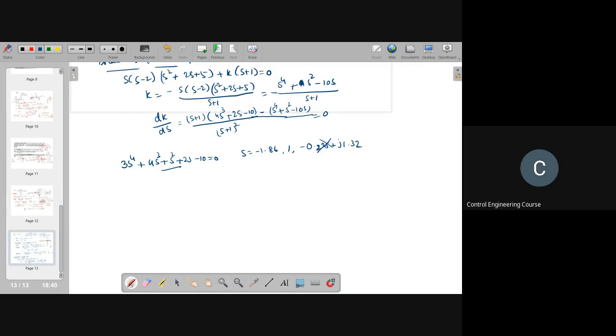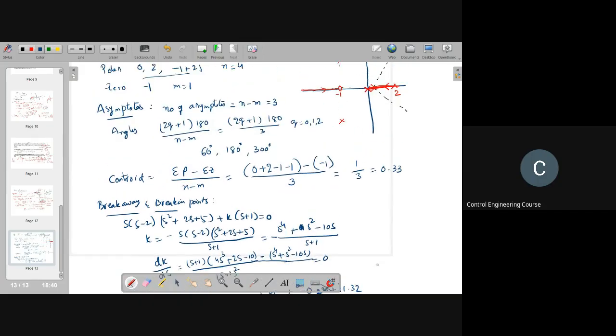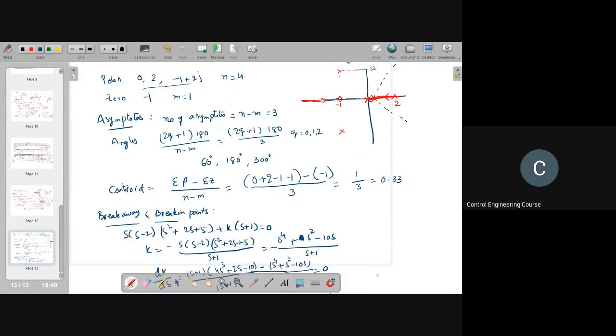If you go through the plot, 1 is here in this direction, so this is actually the breakaway point. This root and this root will meet at this point, that is at 1, and from there they branch off and go like this.